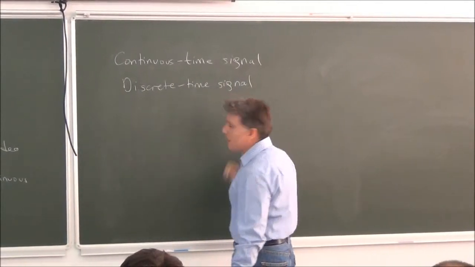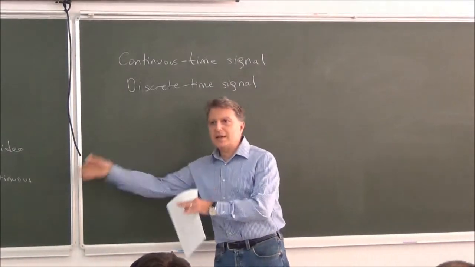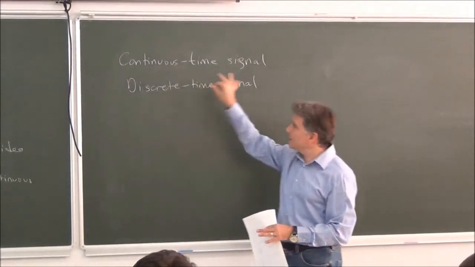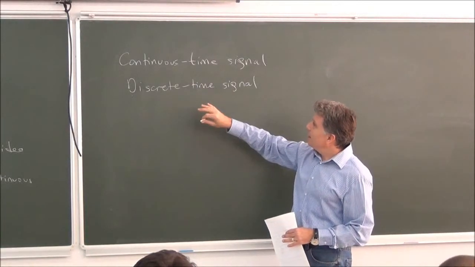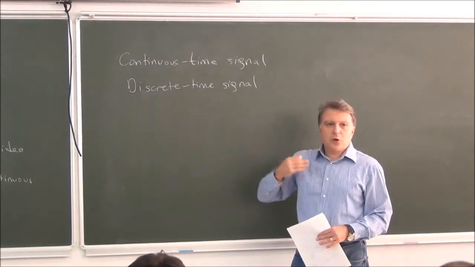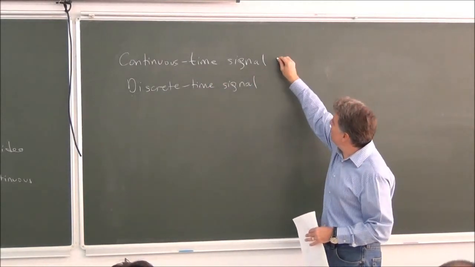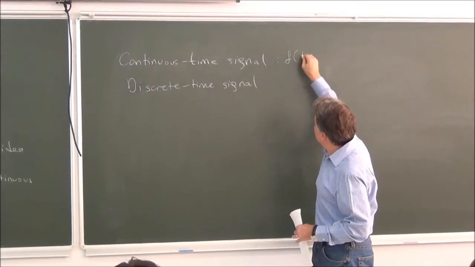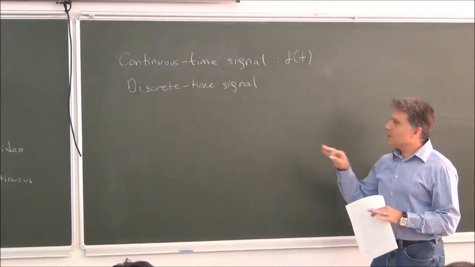Of course, if we are talking about one-dimensional signals, and from now on, I'm just forgetting about multi-dimensional signals. Okay, let's go back to f of t. If it is f of t, then the time variable is a continuous time variable t, so it's a continuous time signal, and the notation will be like this.